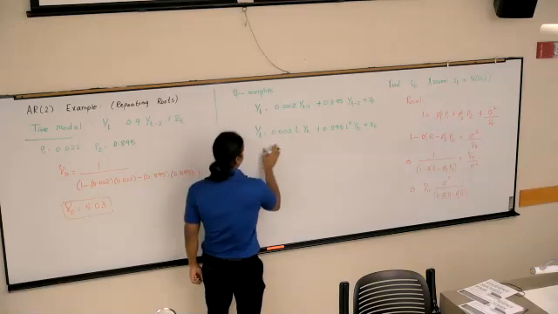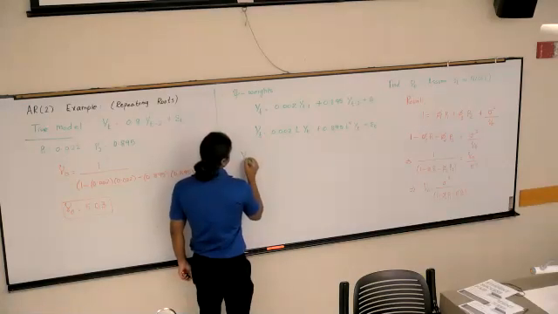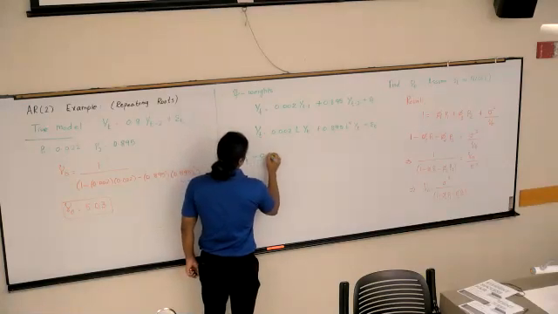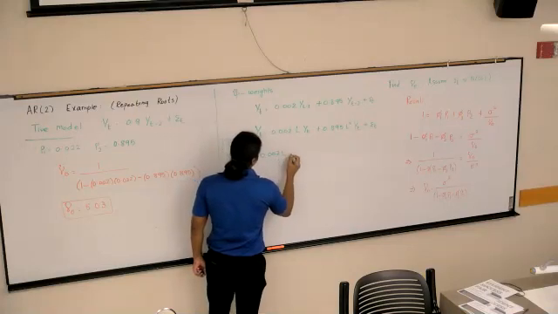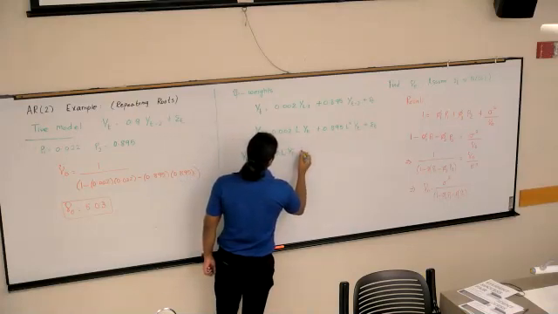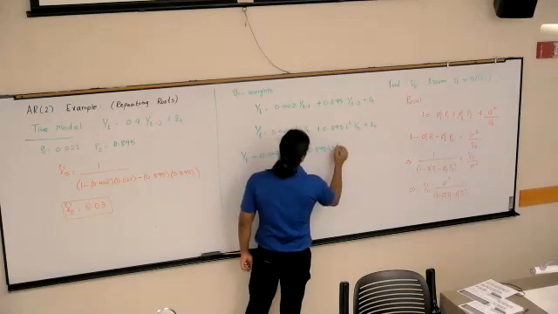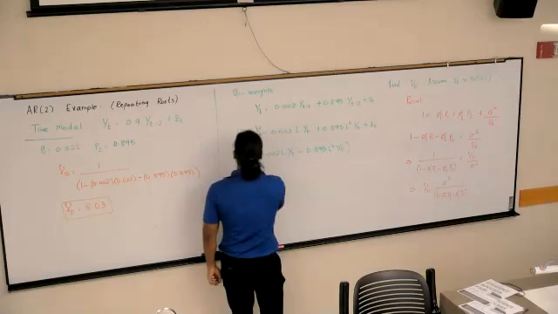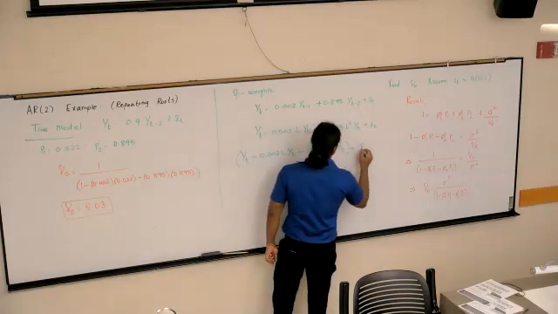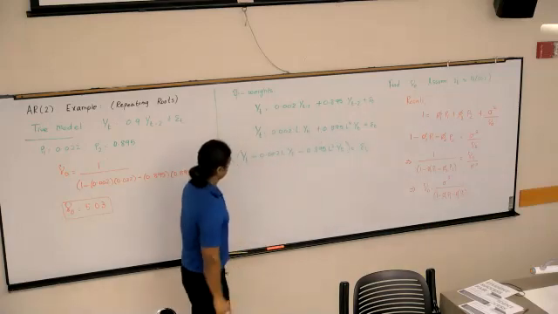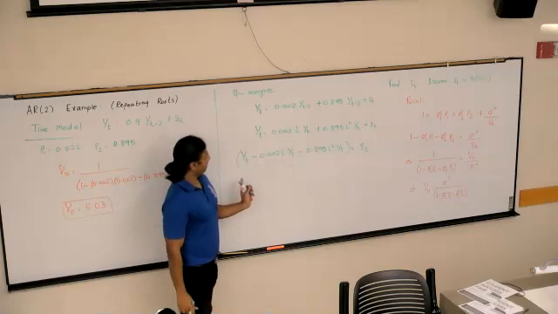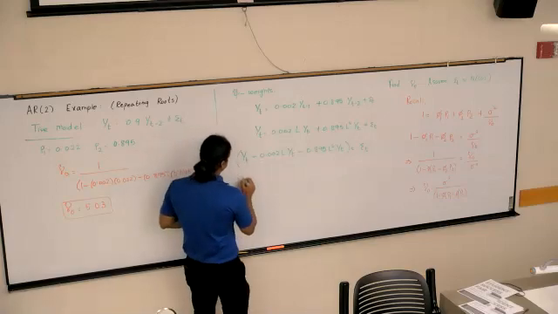Move the terms to one side, so we have yt minus 0.002 L yt minus 0.895 L squared yt equals epsilon t. Yt is common.